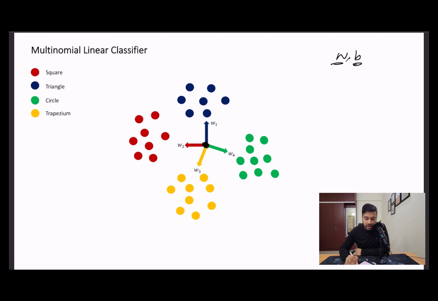So if weight vector 1 is more prominent for your input point, that means your data point belongs to the triangle class. This is how you come up with classifications of whether a data point belongs to class 1, 2, 3 or class 4. So this is the setup of linear multiclass classification.